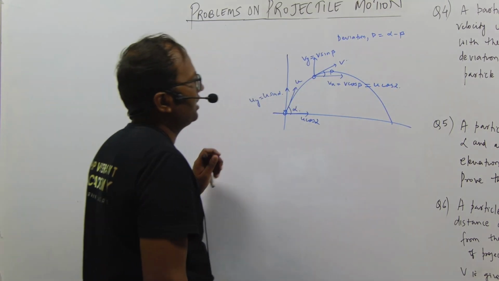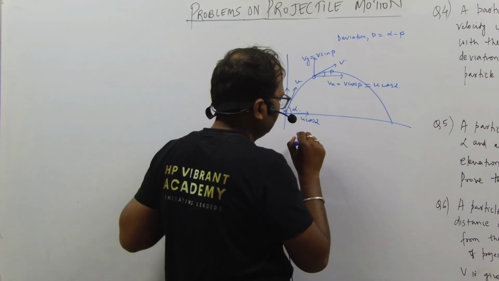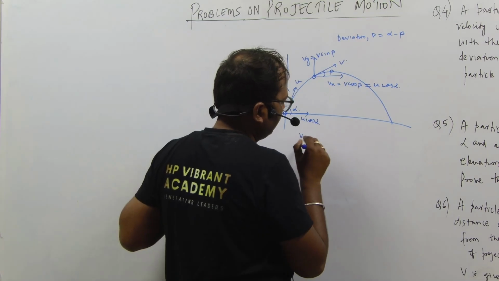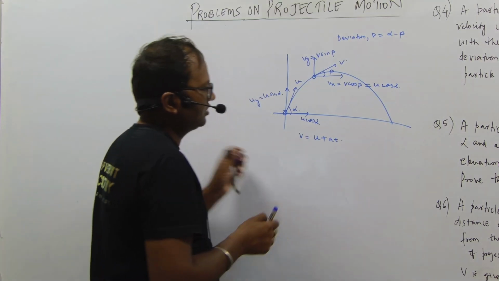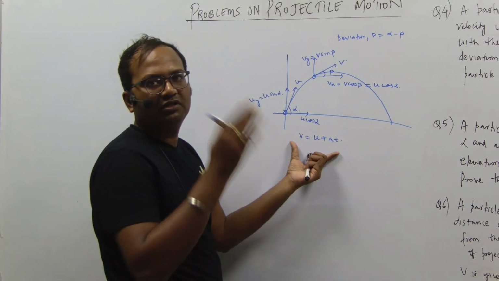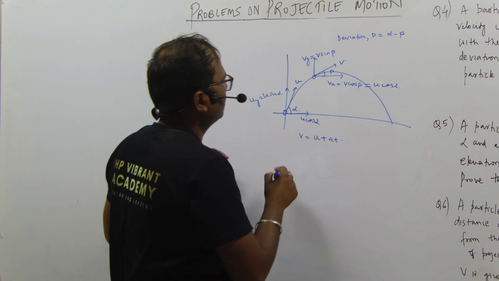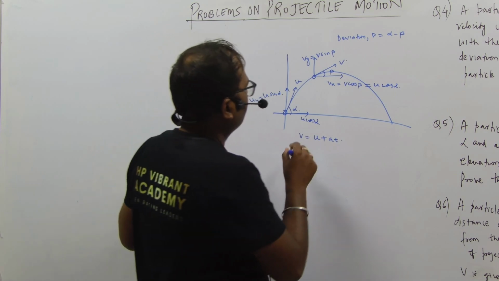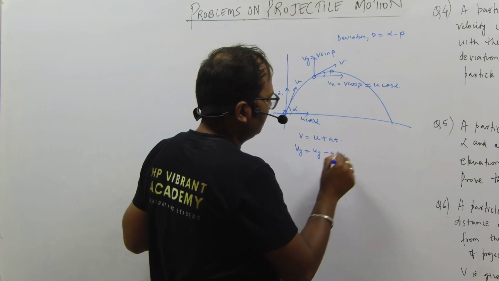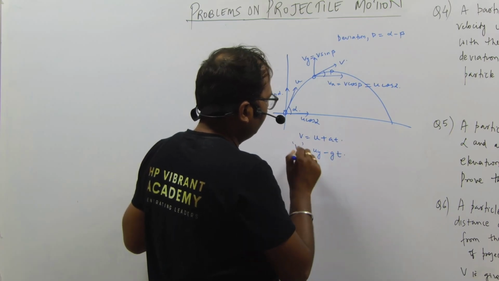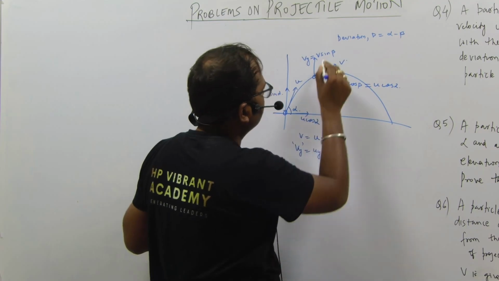We have the equation of motion: final velocity is equal to initial velocity plus a t. Let us write this expression along the y direction: vy is equal to uy minus g t. The final velocity along the y direction is v sin beta.